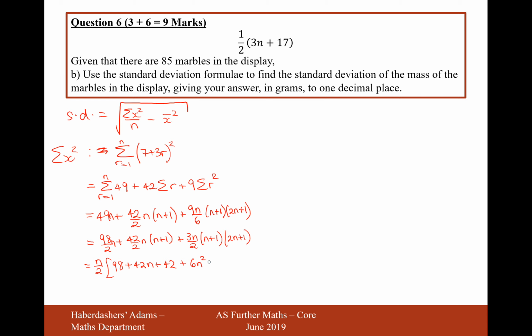This would be 3, so that would be plus 9n and then it's going to be plus 3. Close the brackets. Let's now simplify all of this. It's going to be n over 2 brackets 6n squared plus 42 plus 9, that's going to be 51n. And then 98, let's do this on the calculator. 98 plus 42 plus 3 gives us 143.